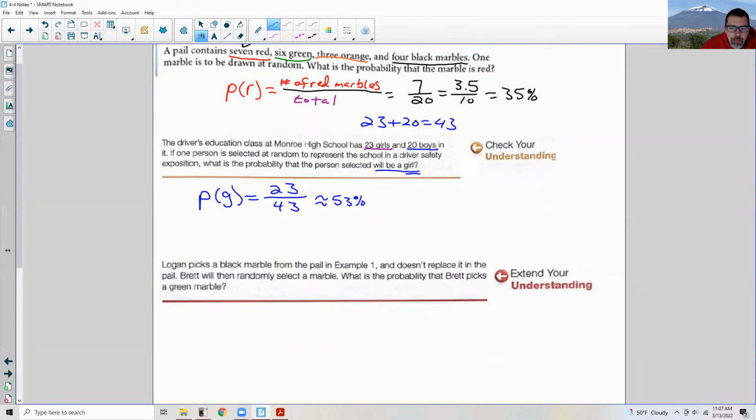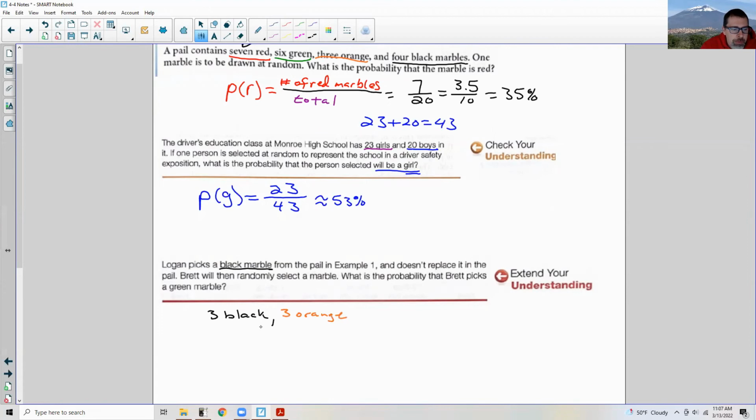Okay, the extend your understanding is probability without replacement, is what it's called. And it says Logan picks a black marble from the pail in example 1. Okay, so our total was 20 and there were 4 black marbles. So if you take one away of black, now we have 3 black. Okay, we have 3 orange, because orange was not chosen.